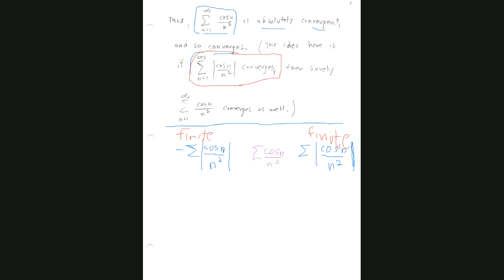What can we say about our series relative to these two outer series?